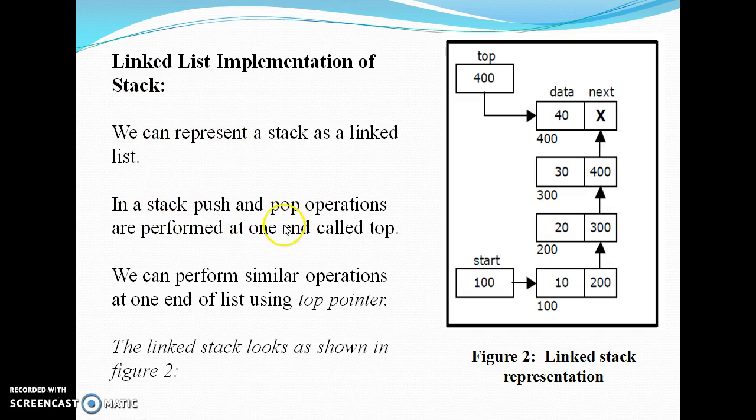In a stack, push and pop operations are performed at one end called the top. We can perform similar operations at one end of a list using a top pointer. So here you can see in the figure, the top pointer has the address 400, and the start pointer has the address 100. It's pointing to the node with the element 10 and the address which points to the next node.